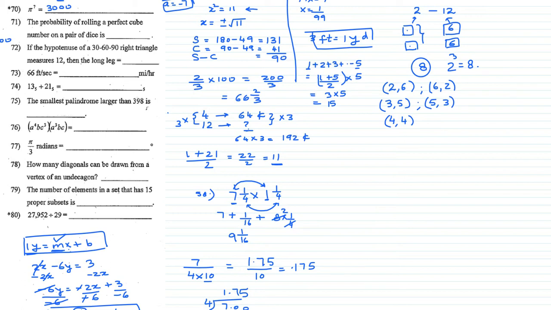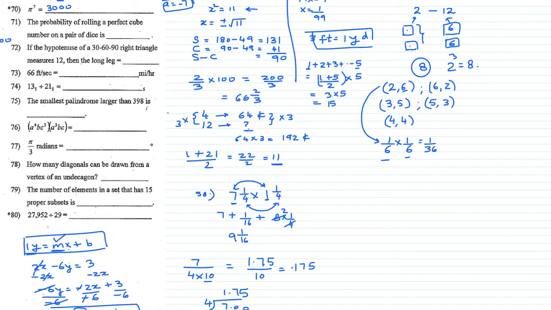The probability of getting a combination of 2 and 6 is 1/6 multiplied by 1/6, because the probability of getting 2 on the first dice is 1 over 6, and the probability of getting 6 on the other dice is also 1 over 6. So the probability of getting 2 on the first and 6 on the second is 1/6 times 1/6, which is 1 over 36.